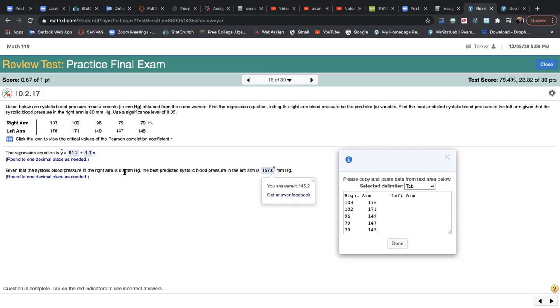Okay, so we'll calculate 61.2 plus 1.1 times the 80, which is our predictor.